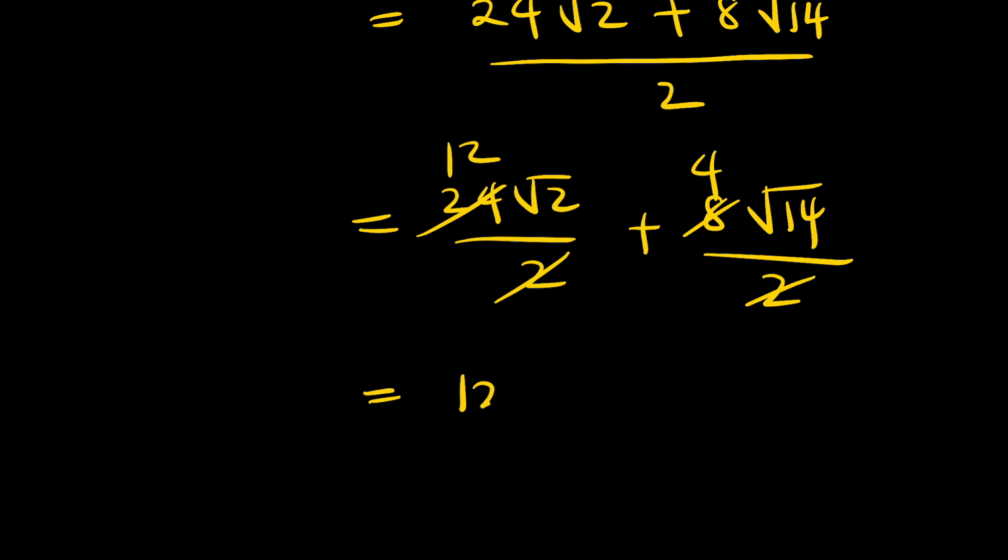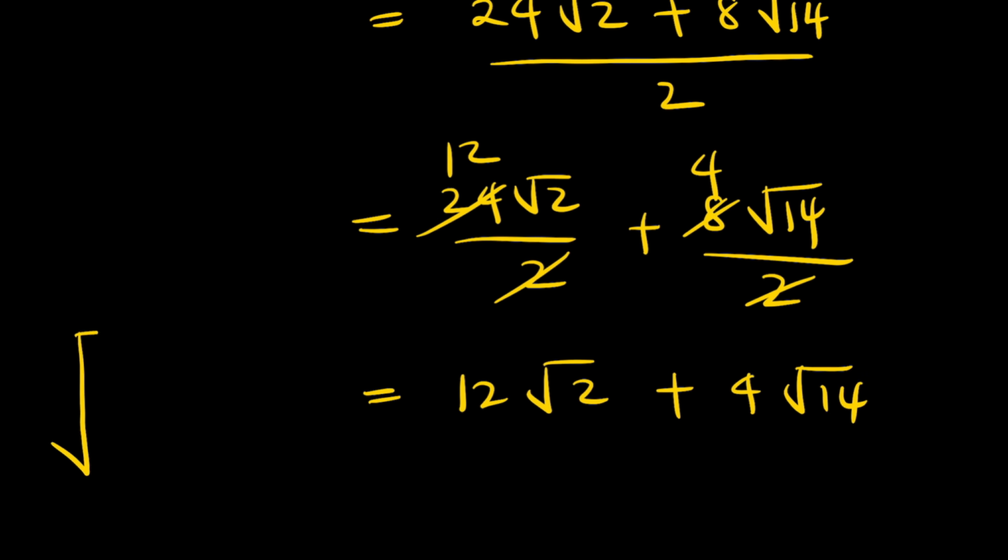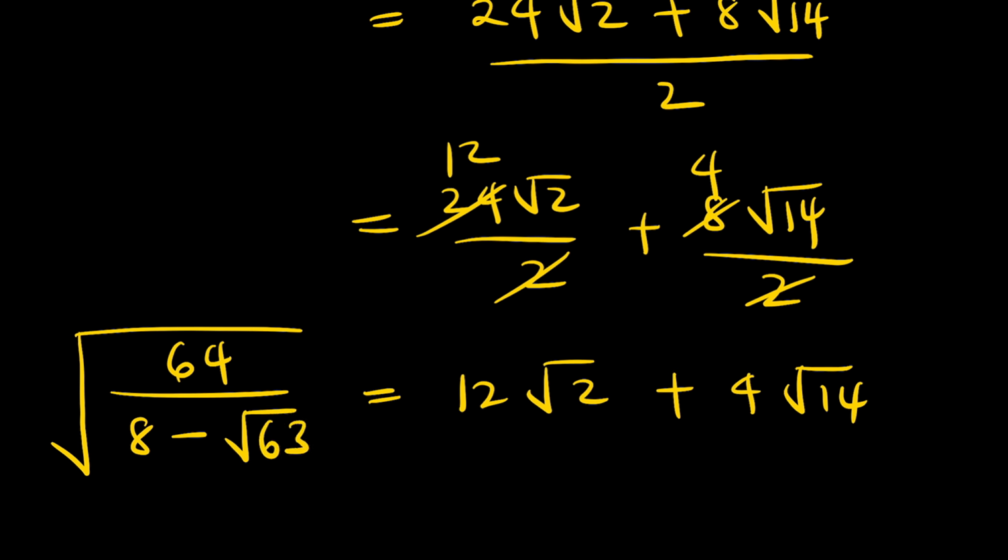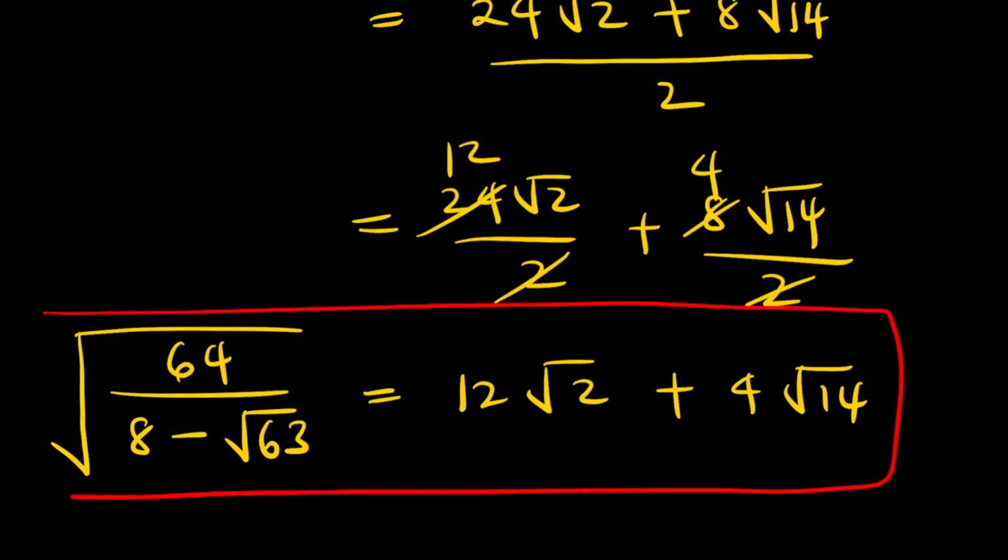So we have 12 root 2 plus 4 root 14. Now remember what the problem is. We were given 64 divided by 8 minus root 63. So this is our final answer for this problem.